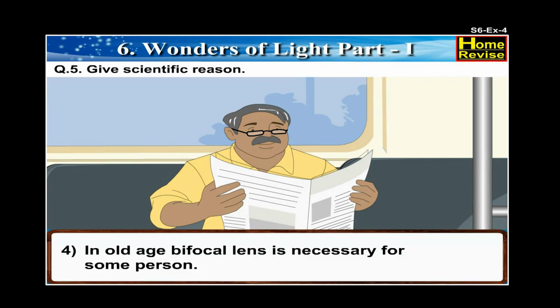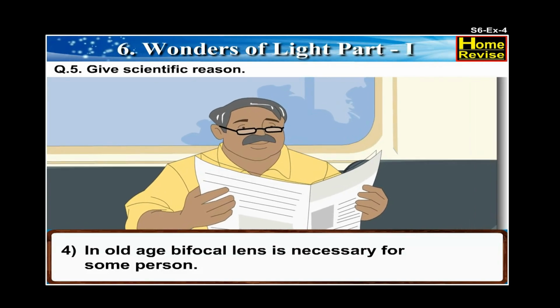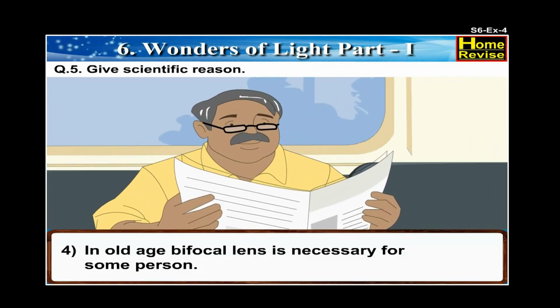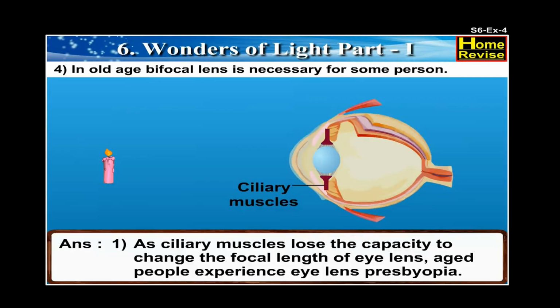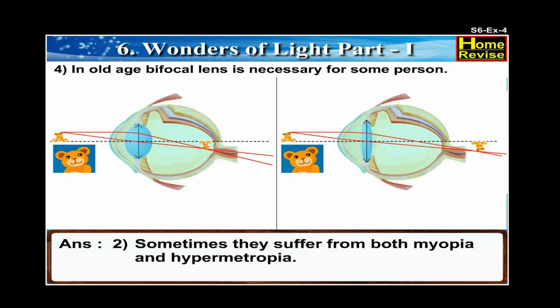Fourth, in old age, a bifocal lens is necessary for some persons. Answer. 1. As ciliary muscles lose the capacity to change the focal length of the eye lens, aged people experience presbyopia. 2.